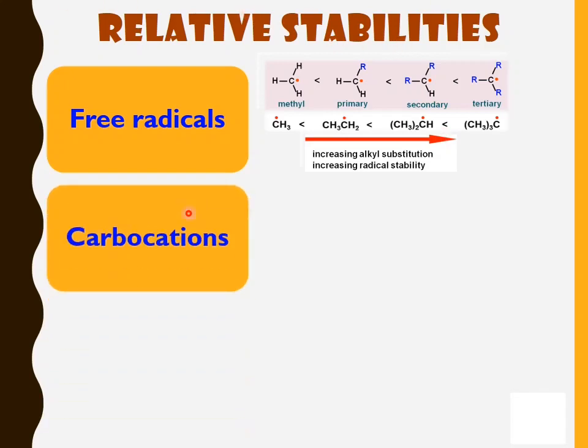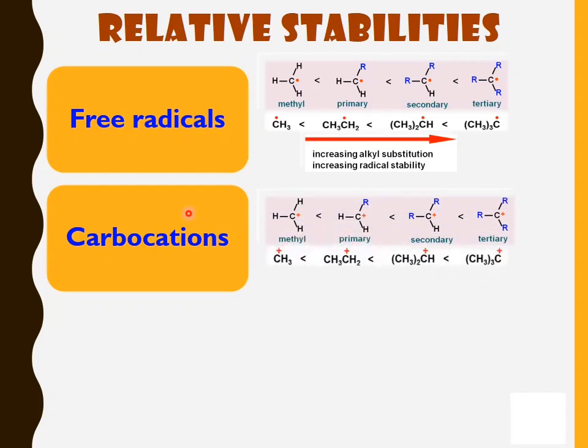Next, we look at carbocation. Carbocation forms when heterolytic cleavage occurs. Carbocation means a carbon that has positive charge. We have 4 types of carbocation here.